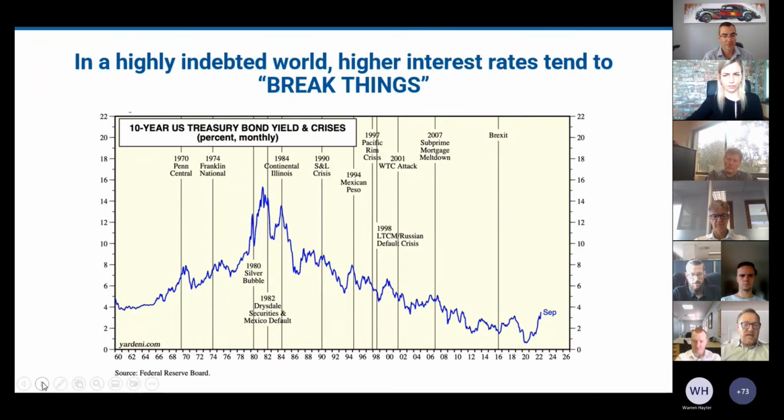If we take a look back, it's quite a busy chart because it's put all these little pointers on, but essentially this is the US 10-year interest rate right from 1960. And each time we've had a spike up from a previous period, it does tend to have ramifications.